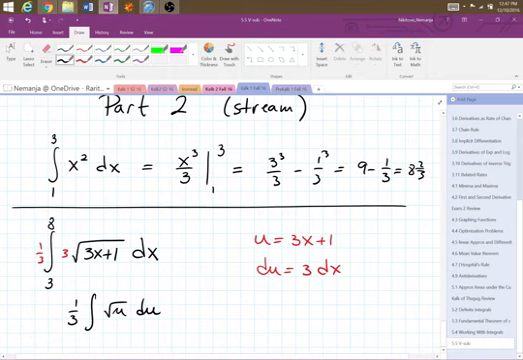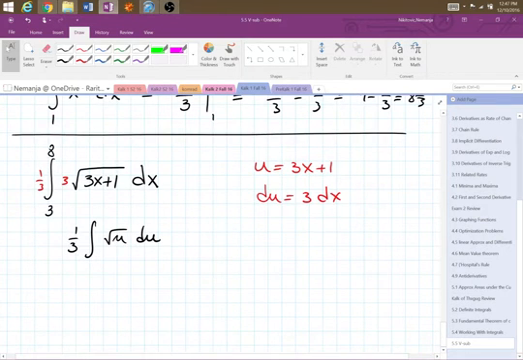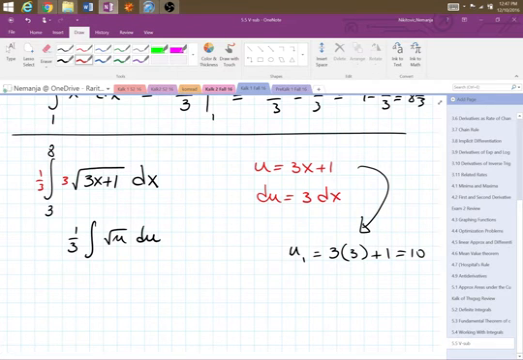All of my variables switched to u, therefore those limits have to switch to u as well. It's very simple. I'm just going to use the u sub equation to do that, but you have to remember to do it. So u1, the lower limit, is 3 times 3 plus 1, which is 10. 3 changed into 10.